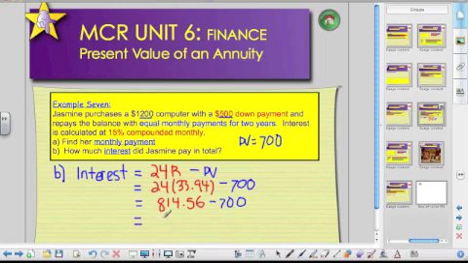That will give me a total of $114.56. So this is what Jasmine owed in terms of interest. The total amount that she had to end up paying after taking into consideration the monthly payment is $814.56.